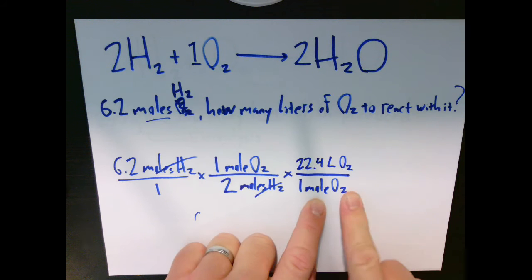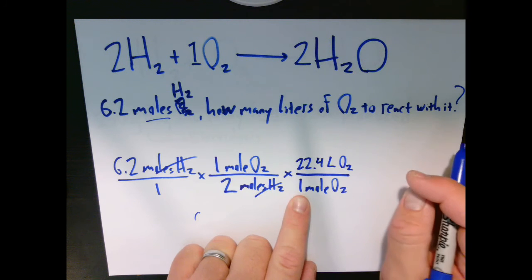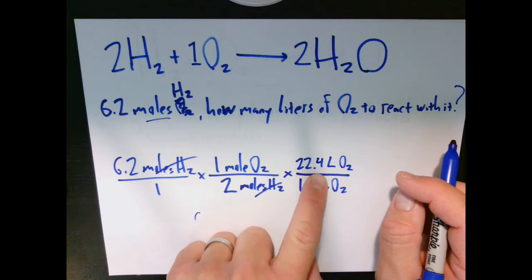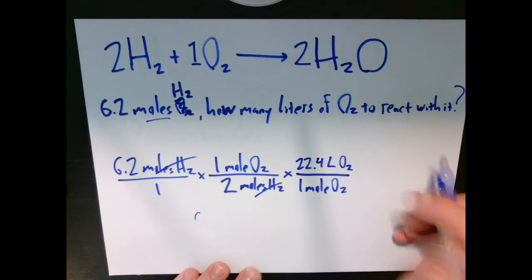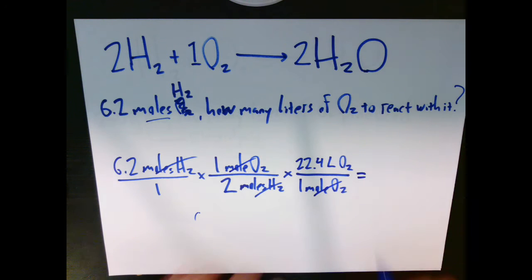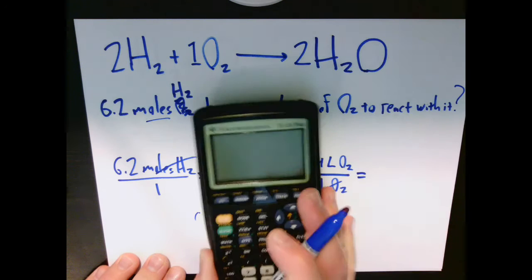And again, that's just what we know about gases. 1 mole of any gas, including oxygen, has a volume of 22.4 liters, okay? So moles of oxygen cancel out, and we're now left with liters of oxygen as our units, okay? So at this point, your problem is set up. You want to calculate, okay?